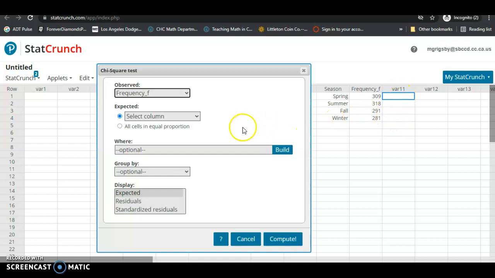So we're going to select the second option here, where it says expected, select all cells in equal proportion.